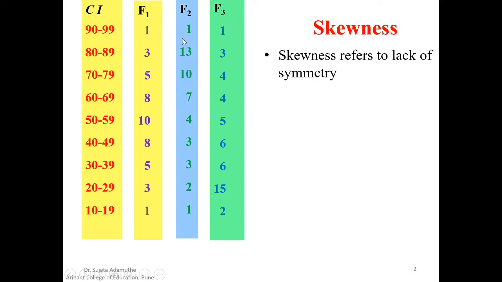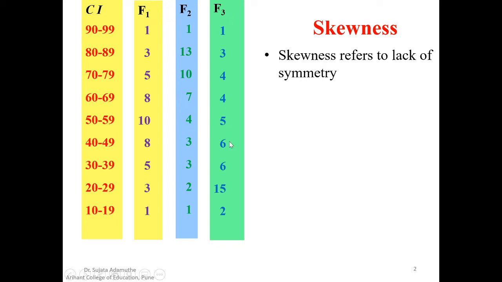But here the frequency is concentrated at 80 to 89, and if we draw the curve of this group, the highest point will come on the right side and it will be reduced. The frequencies are not distributed symmetrically on both sides.